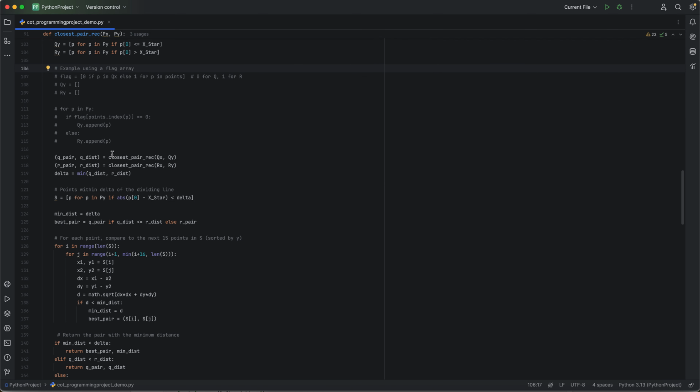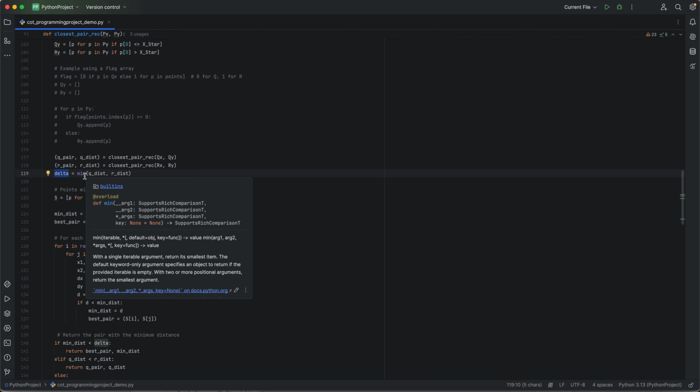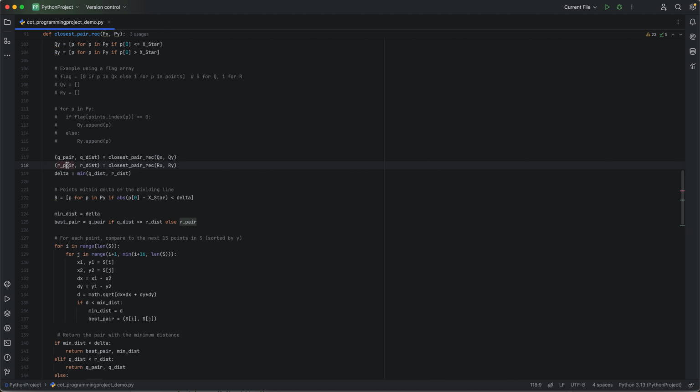Okay, and then we call recursively multiple times, and after we process the whole stack, we have the smallest pair on the left and the smallest pair on the right, and then we calculate the delta, because eventually you can have elements between the two groups with the smallest distance.